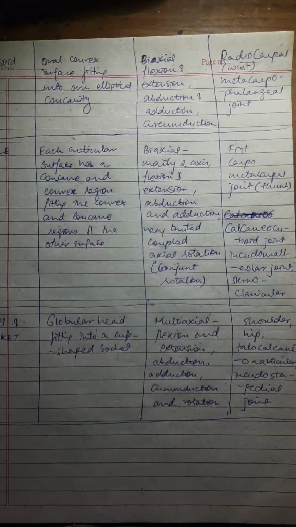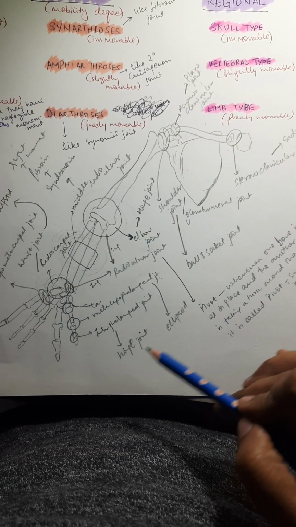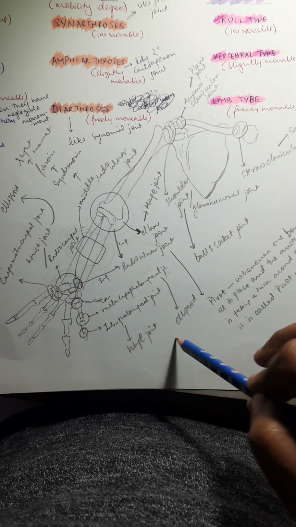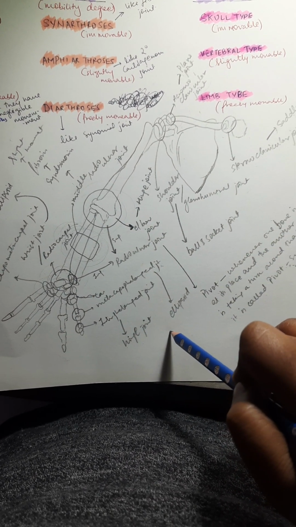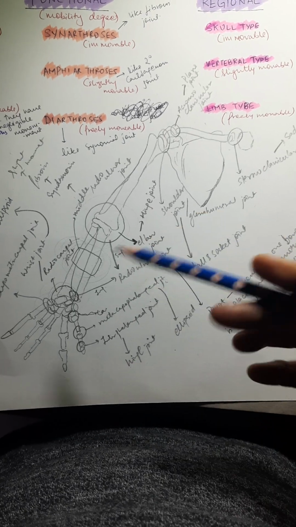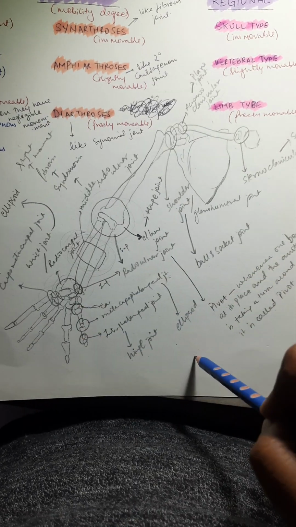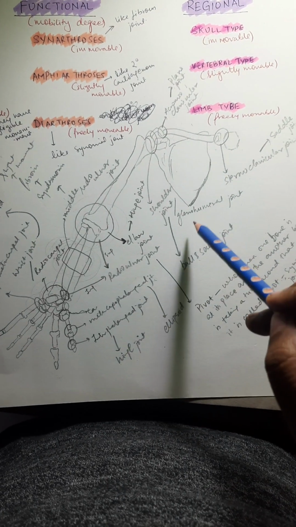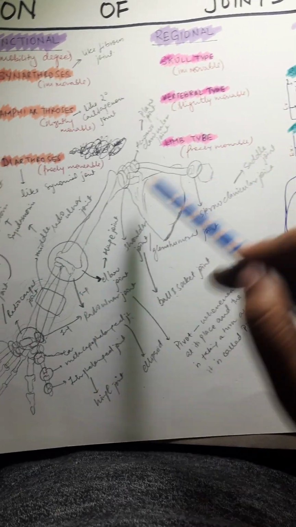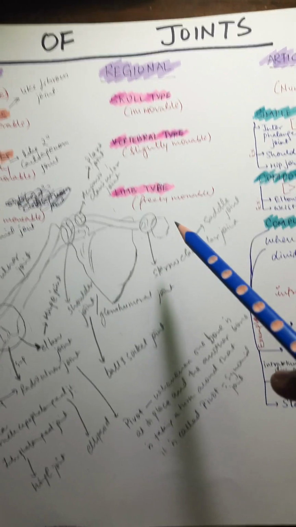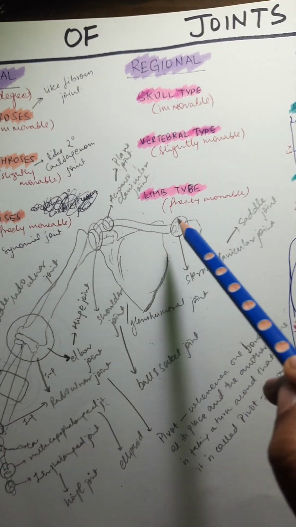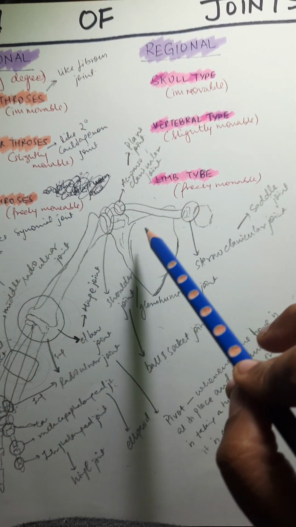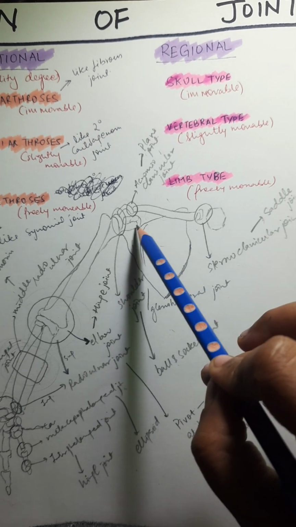spread some knowledge. Also, although I have already shared this diagram, to understand synovial joint more properly, especially according to the articulating surface, this is a diagram. I've already shared a video including this diagram. So we'll start again once more. This is sternum, this is clavicle, this is our scapula.